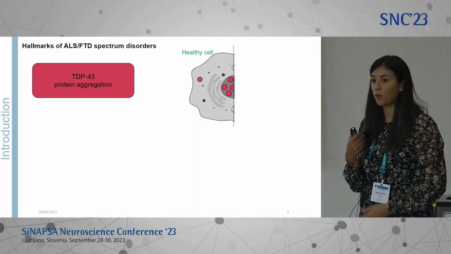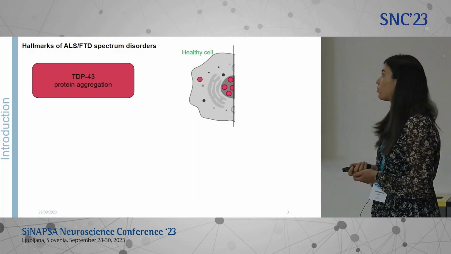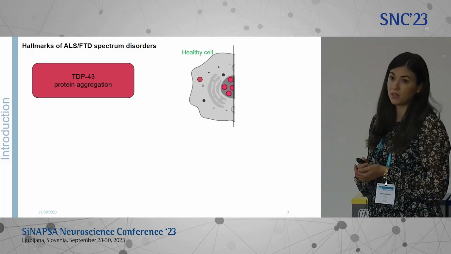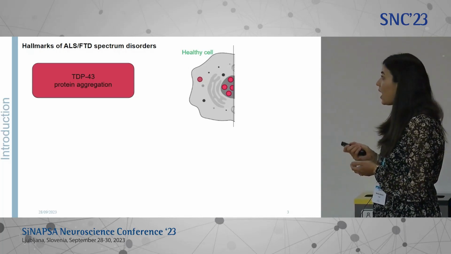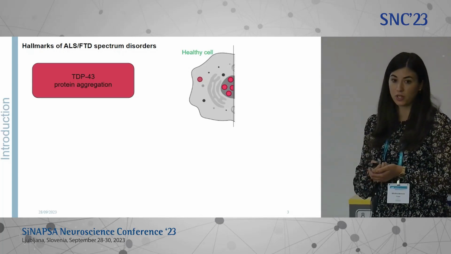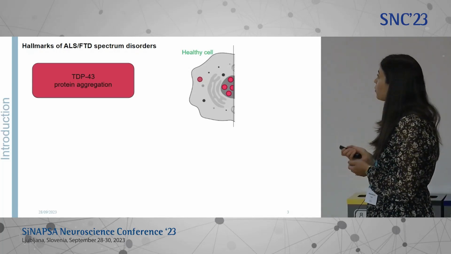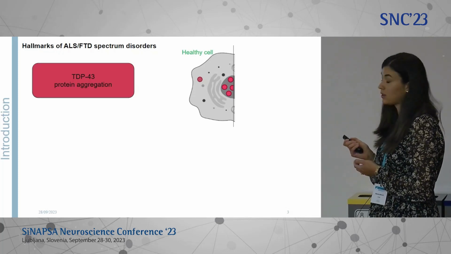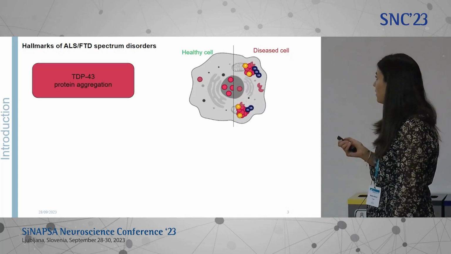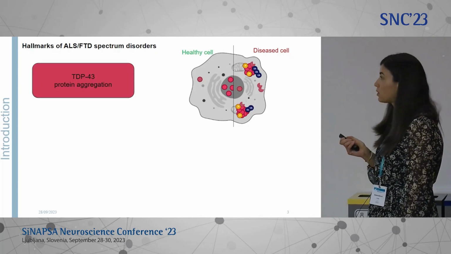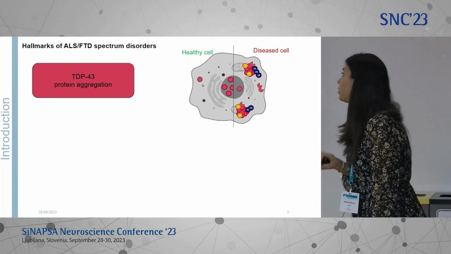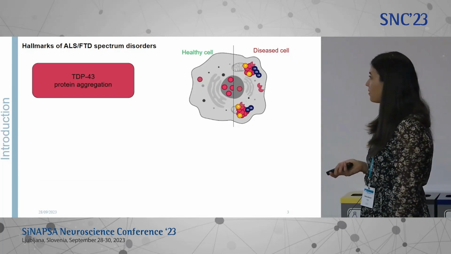Before this, I want to pinpoint the main hallmarks of neurodegeneration in general, and in this case ALS and FTD. The first of them is TDP43 protein aggregation. In healthy cells, TDP43 is predominantly present in the nucleus, while in diseased cells it is depleted from the nucleus to the cytoplasm, where it forms phosphorylated and ubiquitinated protein aggregates.